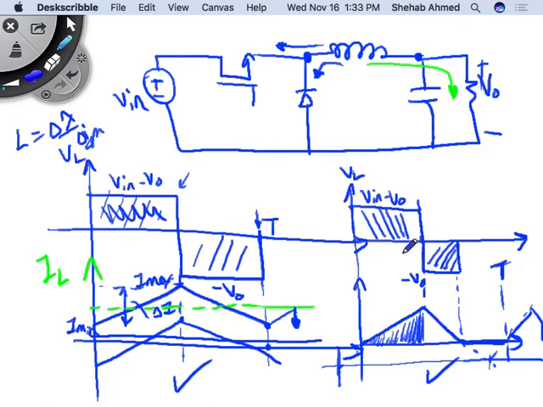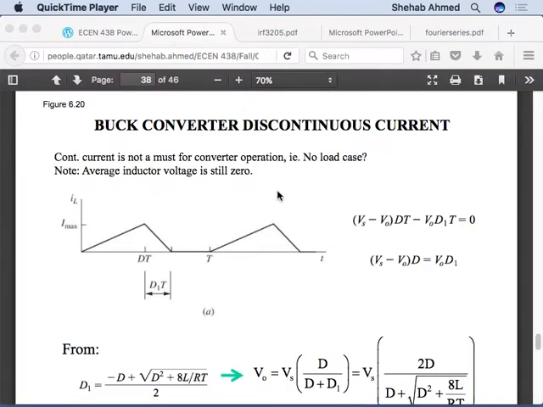The equation that we talked about last time was the volt-second balance. We equated the area under this curve with the area under this curve for the inductor. This plus this was equal to 0. So that's what we did here.